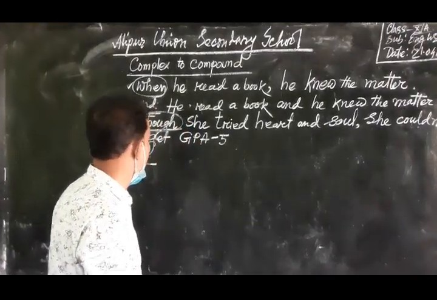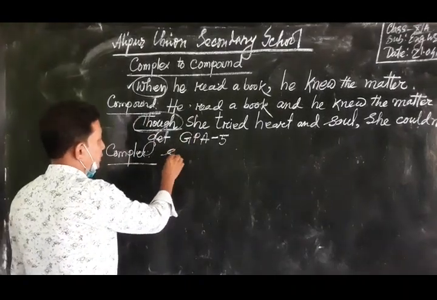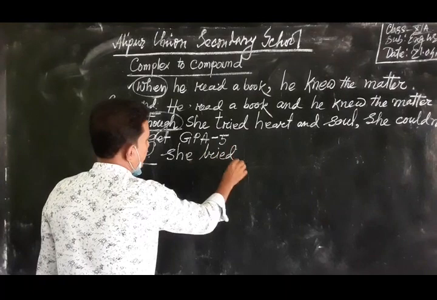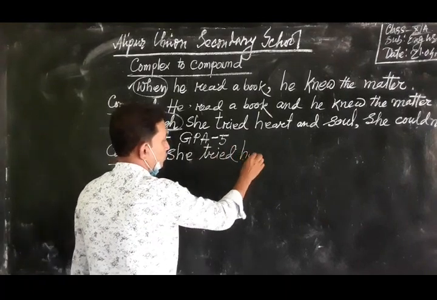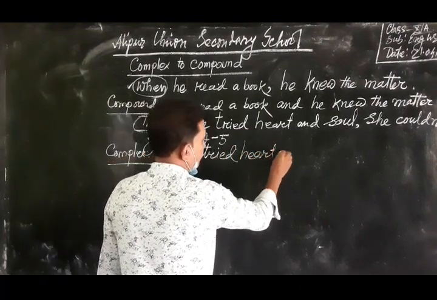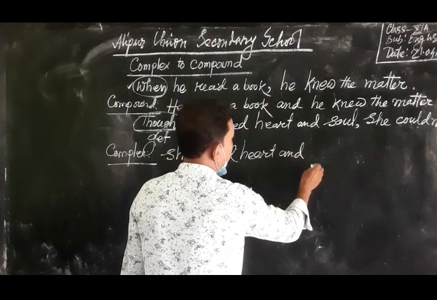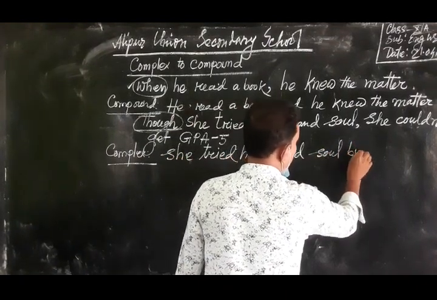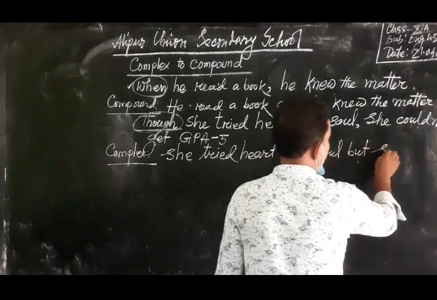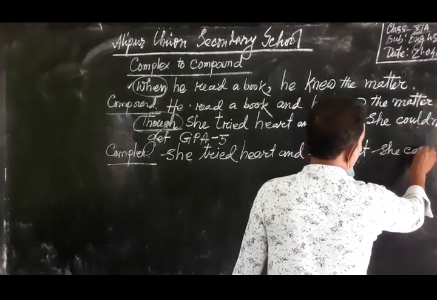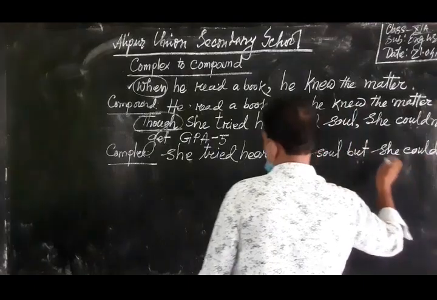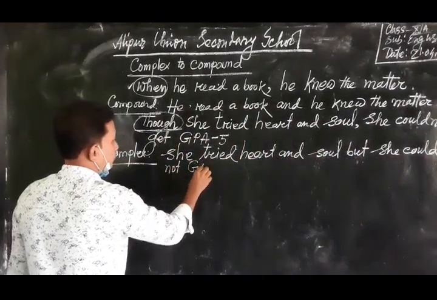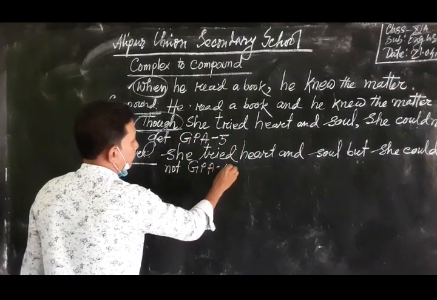Okay, dear learners, so we can write: she tried heart and soul, but she could not get GPA 5.